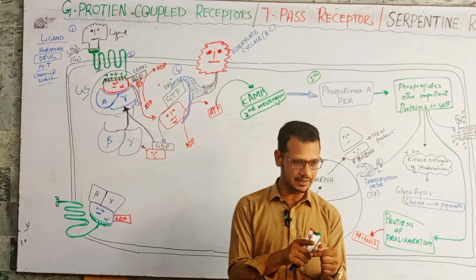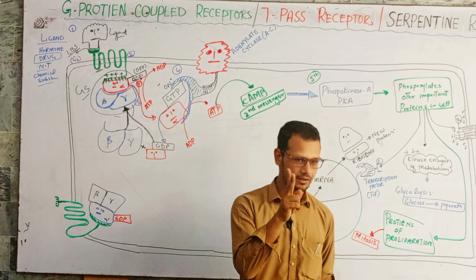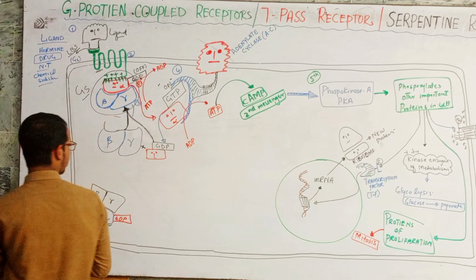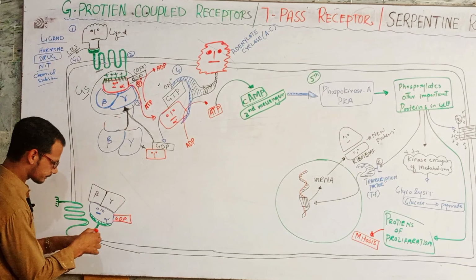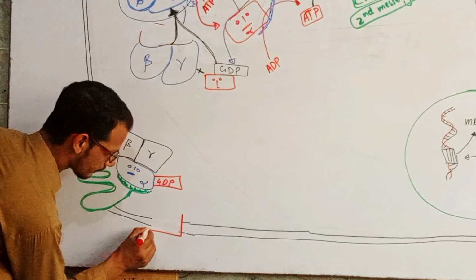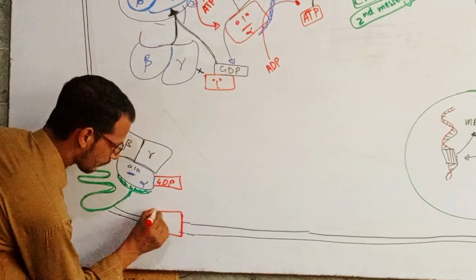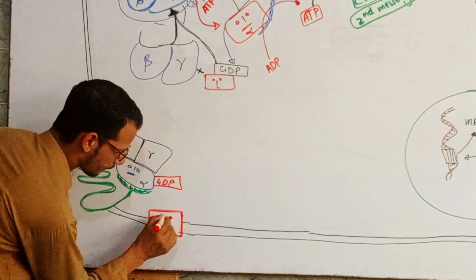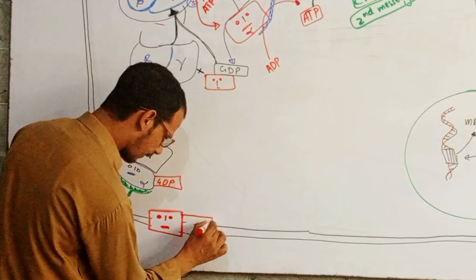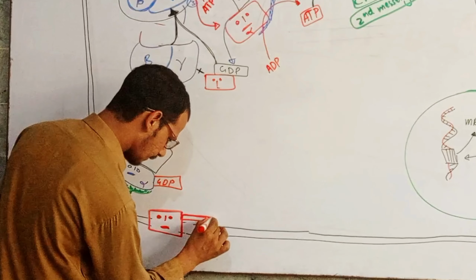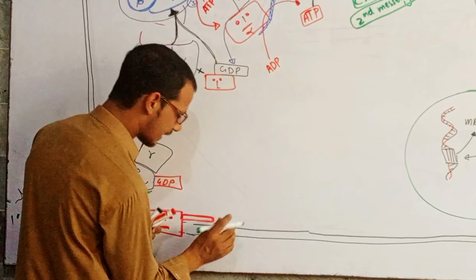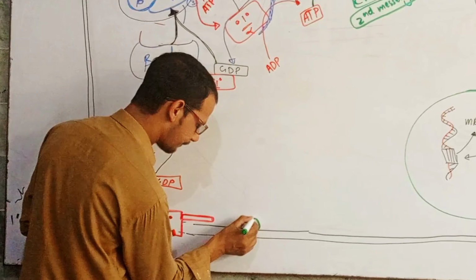And this PIP2 is responsible for activation of two other second messengers, right? So for example, here I have a very special protein, and this protein has a side chain, and this side chain is attached with another protein here.